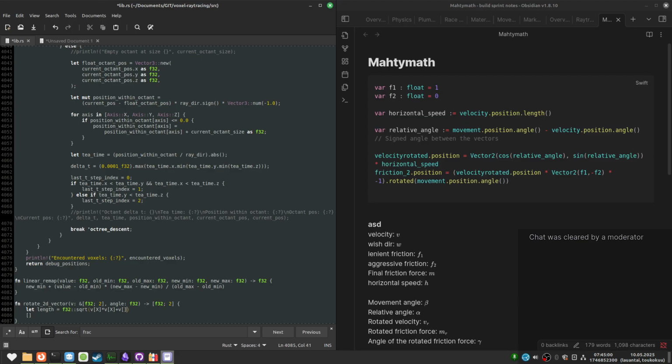I keep doing the wrong phrases. Alright. This is the length. We have the length. Very cool. We do the cosine.